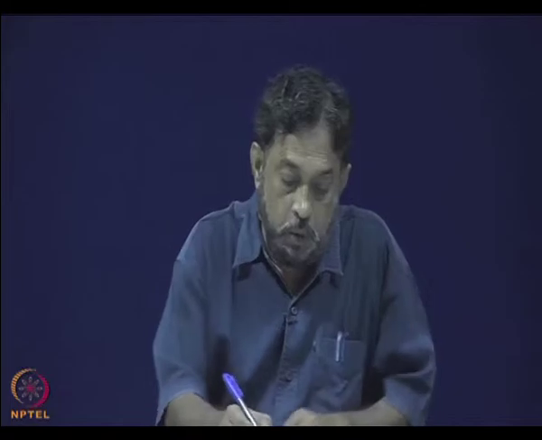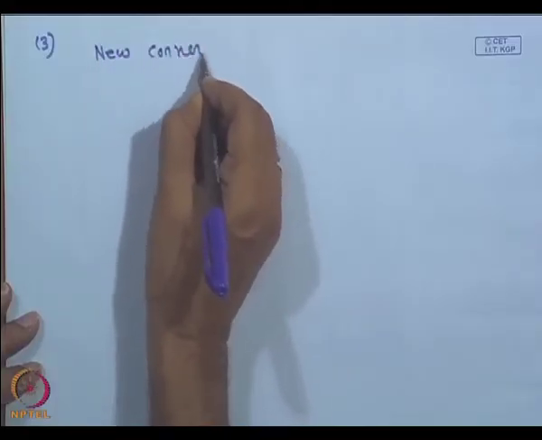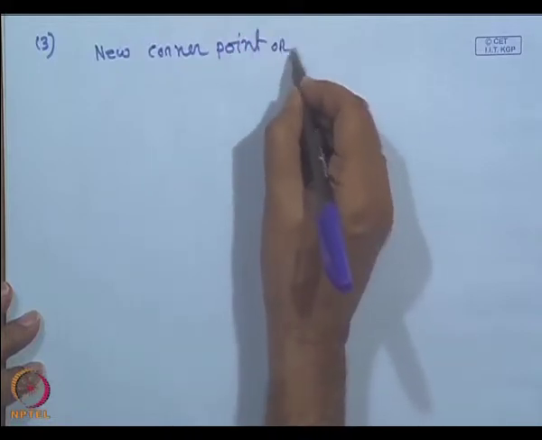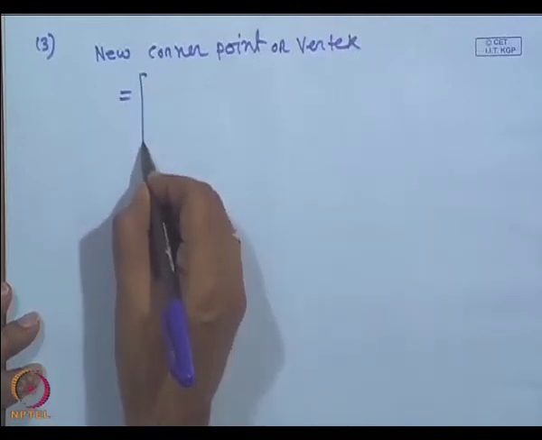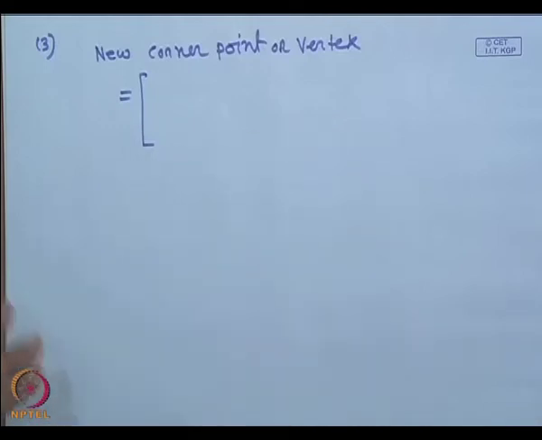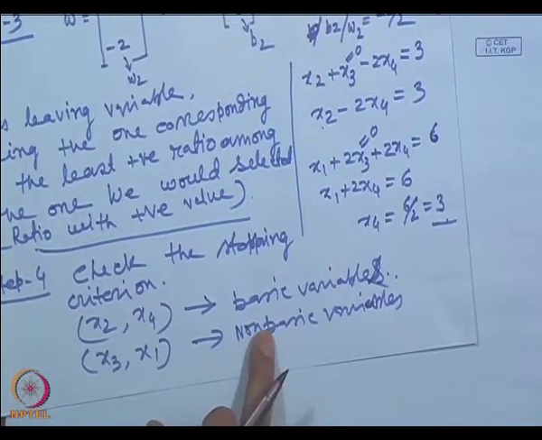So, you have to check. Our new corner point, or vertex, is what? x 1 is a non basic variable and x 3 is a non basic variable.